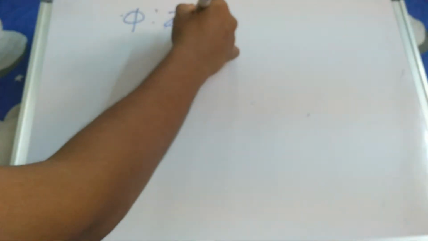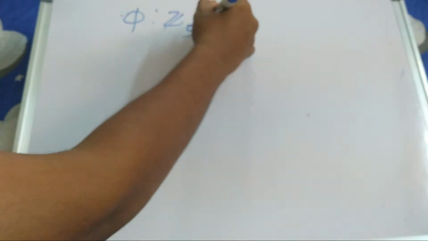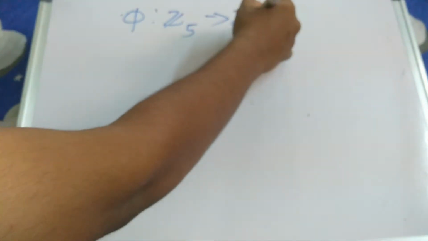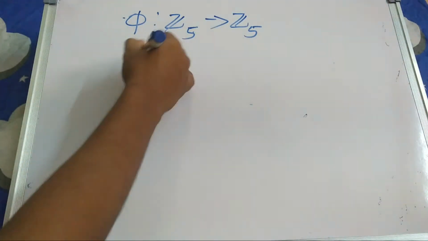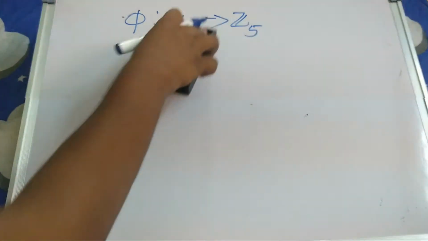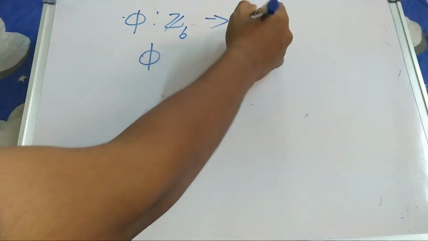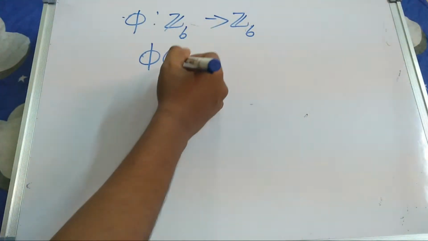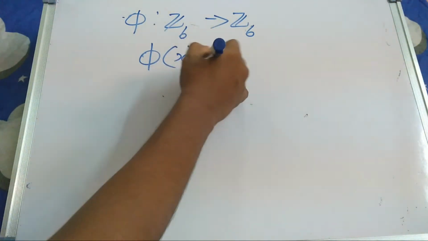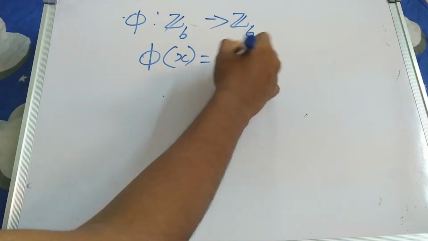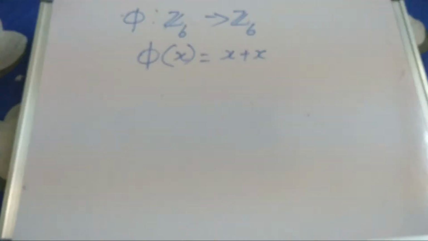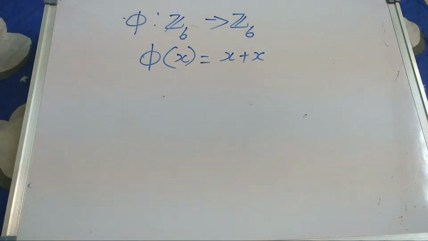Let me give a homomorphism from Z6 to Z6, where the mapping is defined, maybe I will use Z6. The mapping is phi of x is equal to 2x, so phi of x is x plus x.